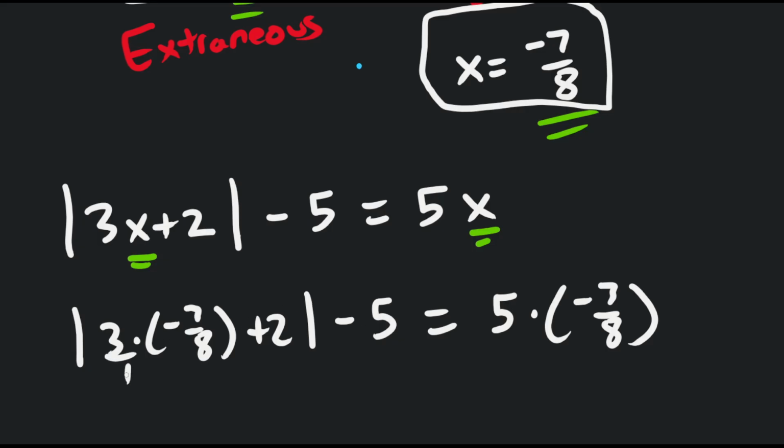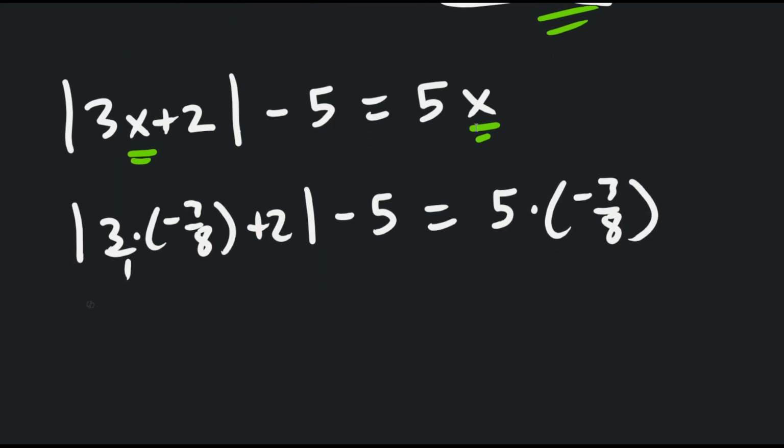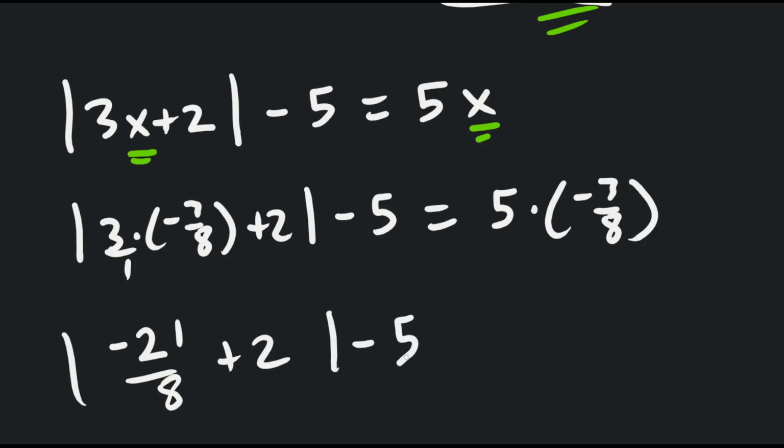So it's 3 over 1 times negative 7 over 8. That is negative 21, apologies, I first said negative 24. Negative 21 over 8 plus 2 minus 5 equals, and then 5 over 1 times negative 7 over 8. That is negative 35 over 8.